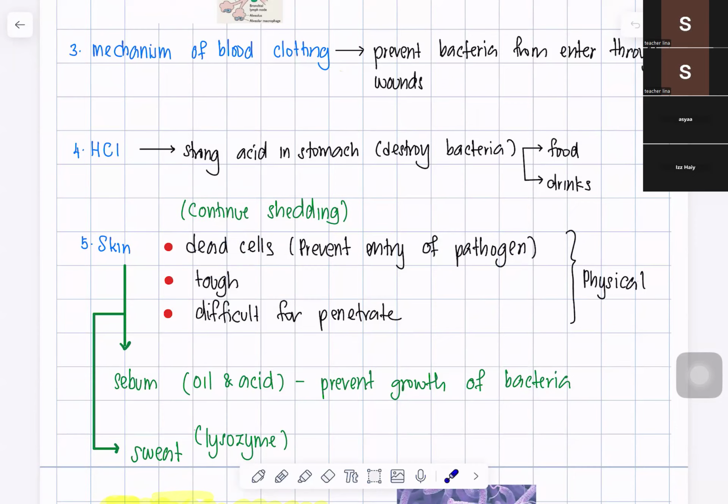In skin, you also have sebum. Sebum contains oil and acid. It will prevent the growth of bacteria. And then skin also has sweat. Alright, the sweat contains lysozyme. Okay, all of these can destroy bacteria.